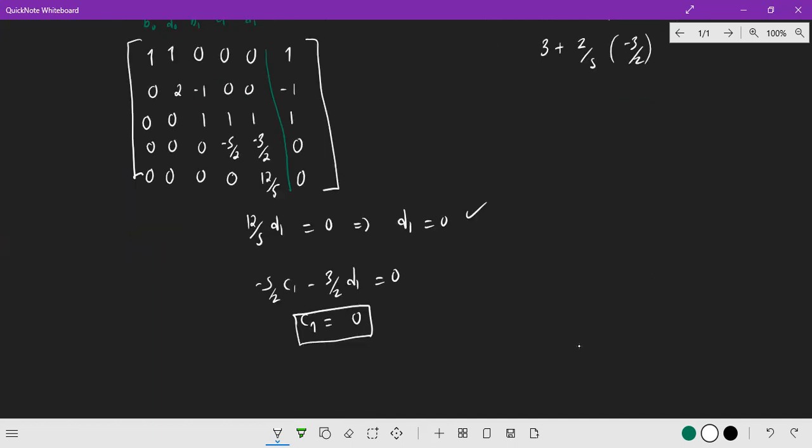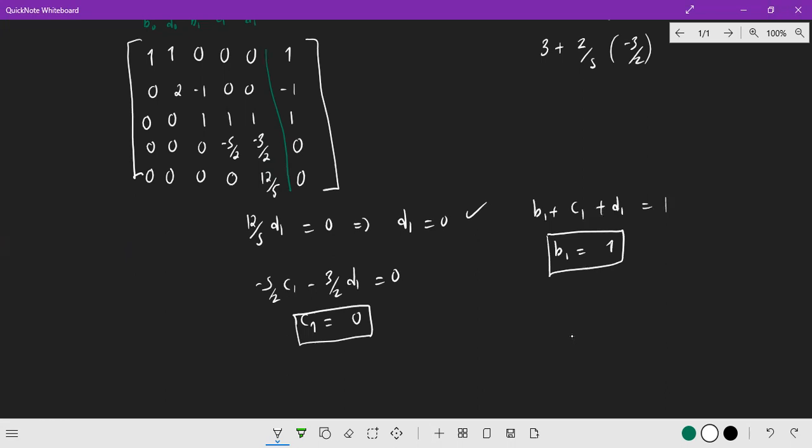And then we move to the next one, this row. So from that row, we're going to have B1 plus C1 plus D1 equal to 1, right? So these are zeros already. C1 and D1 are zeros. So notice that B1 equal to 1. Okay. Finally, we have 2 more.